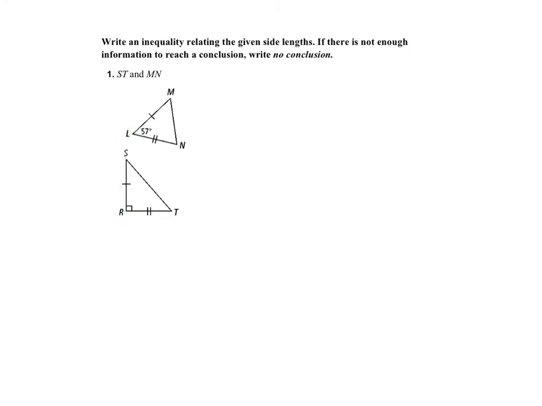I know the angle R is greater than angle L. So that means that ST is greater than, without the little line on top because we're working with the measure, MN. Again, this one has to be greater than that one.